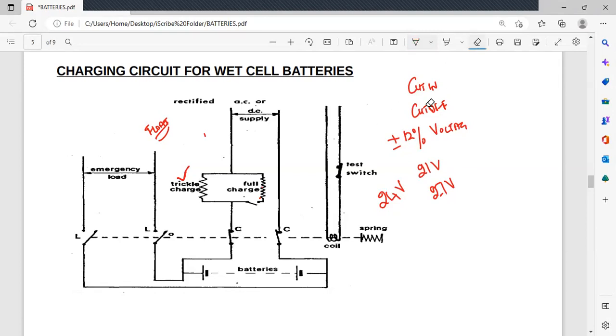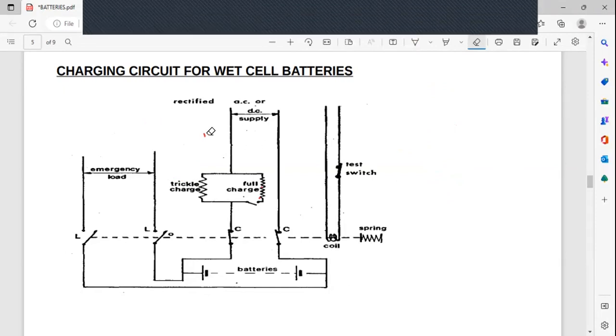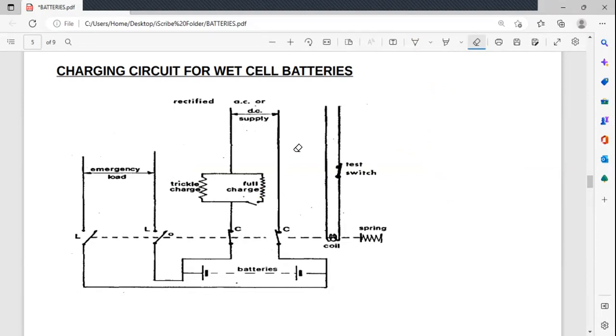Now, having seen these basics as to what is trickle charge, what is float charge, etc., the question that is asked based on this diagram, in the orals, gentlemen and lady, is: draw and show how you would have your batteries coming on load automatically in case of an emergency, and then going off load when the power is restored.